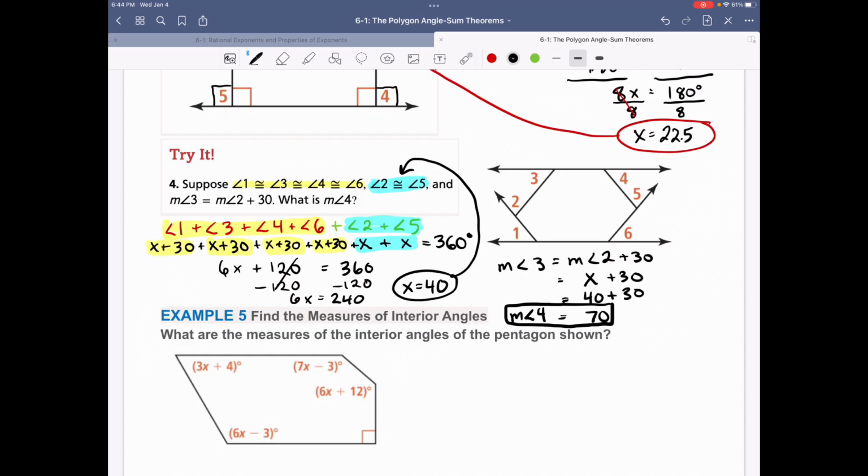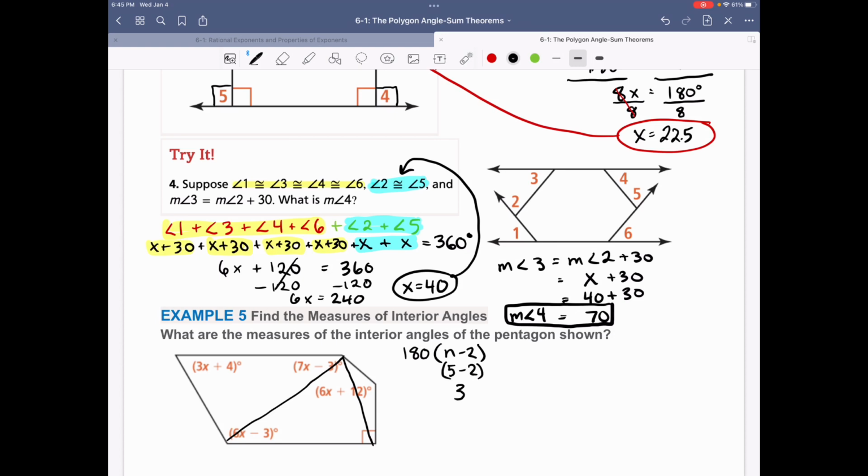So for example 5, we are going to find the measures of interior angles. What are the measures of the interior angles of the pentagon shown? So it's a pentagon, meaning that it has 5 sides, so that it has 3 triangles inside. And then that means we're going to do 180 times n minus 2. So n is 5 sides, 5 minus 2.